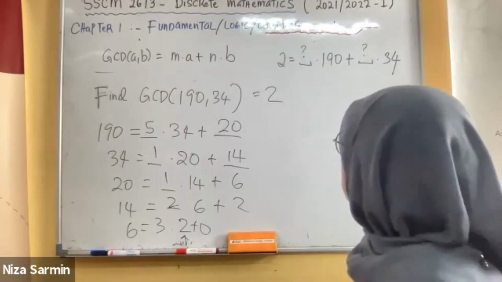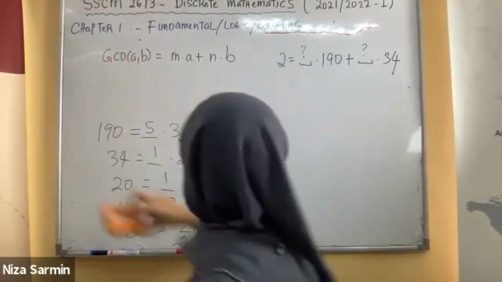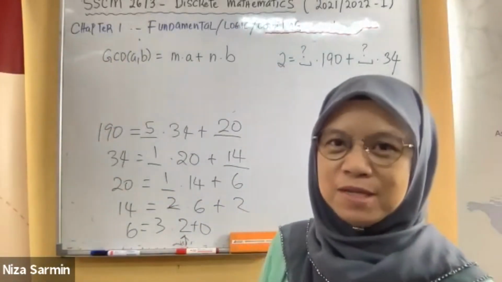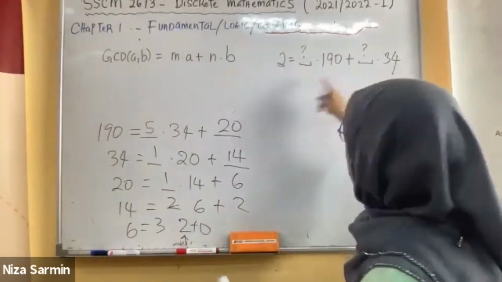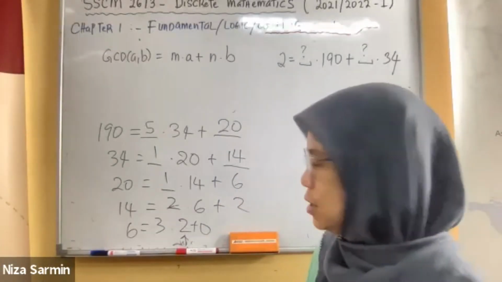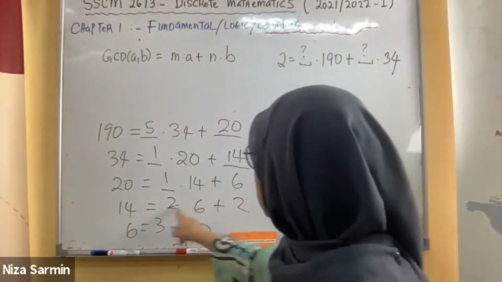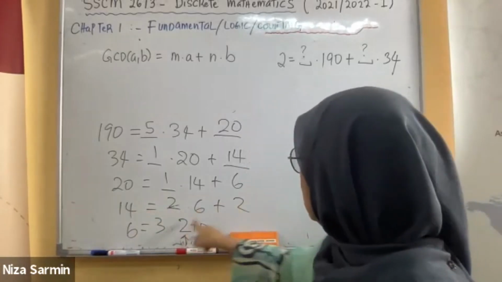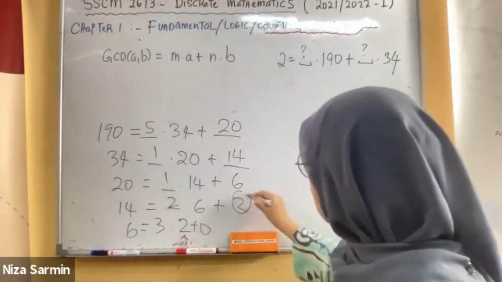Just now my first example is easy, you can just guess. But this one, how can you guess? Because it can be positive or negative. So you will start from here, because from here this is actually your GCD.